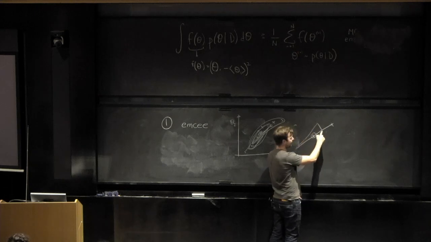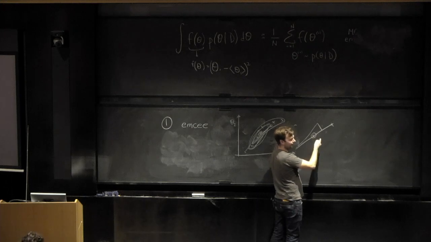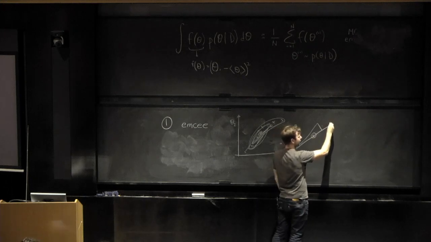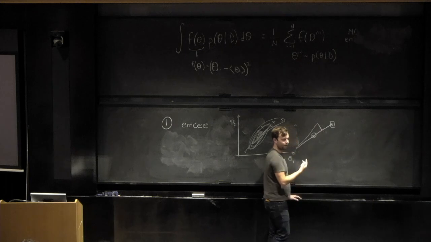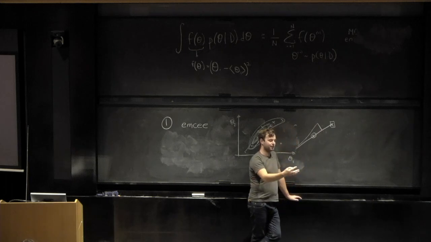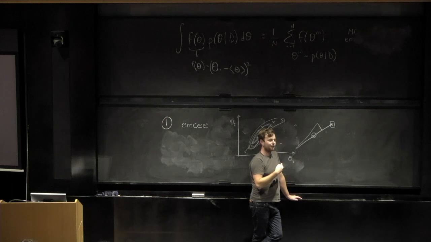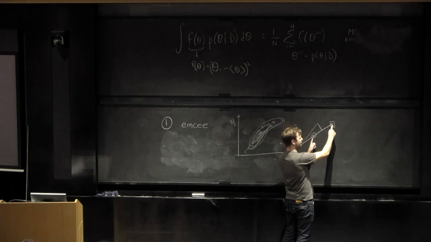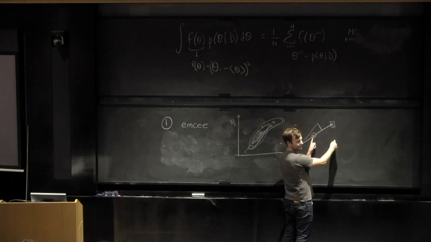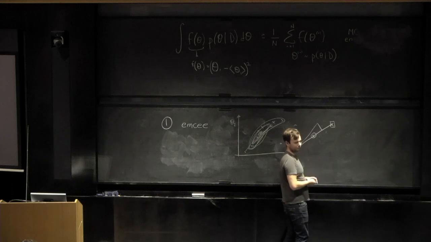And the point about splitting it in half is that the helper walker has to be drawn from the set of walkers that are not currently being updated. Because you could see how there might be a problem if at the end of the step this one was now in a different place, then you no longer have a reversible move. Okay. Great.